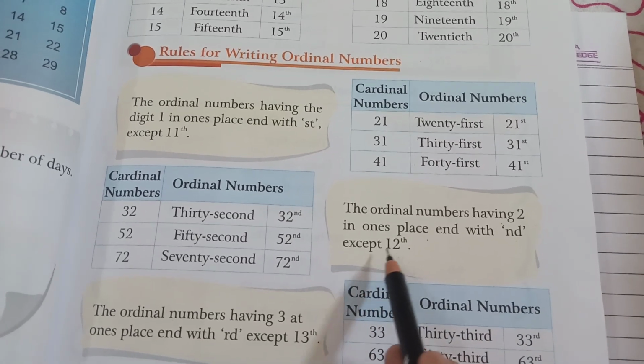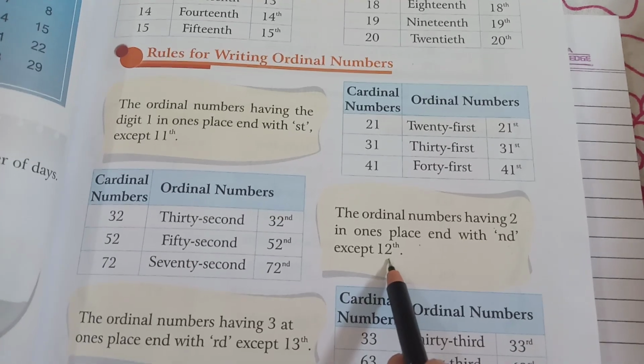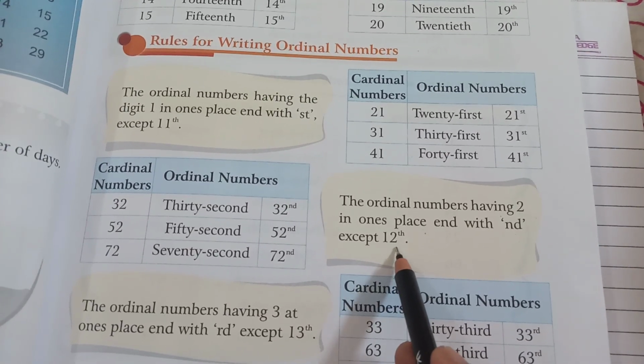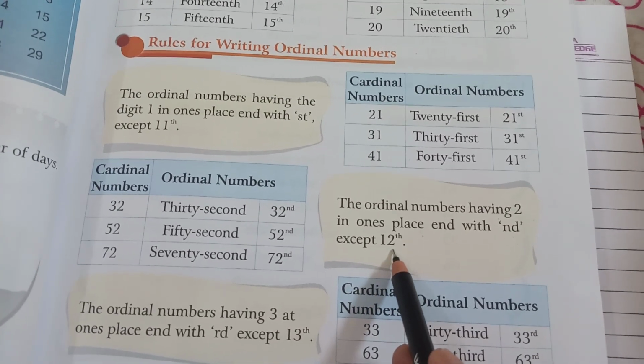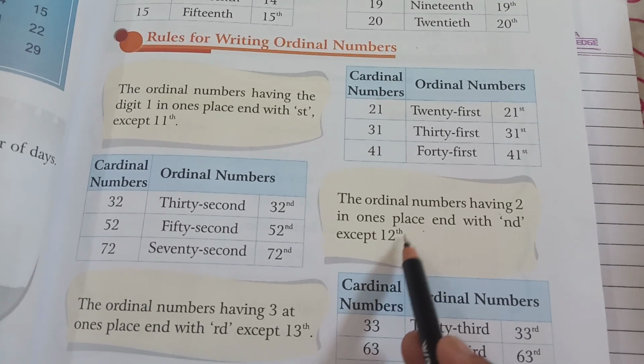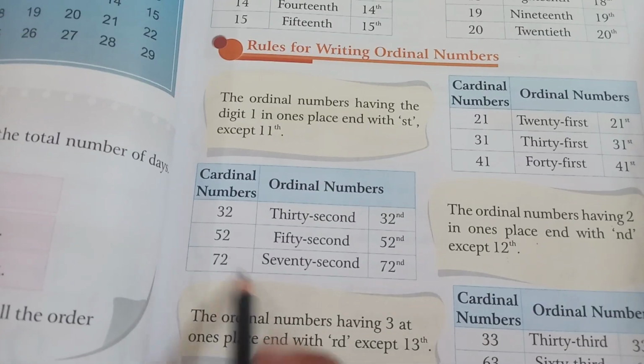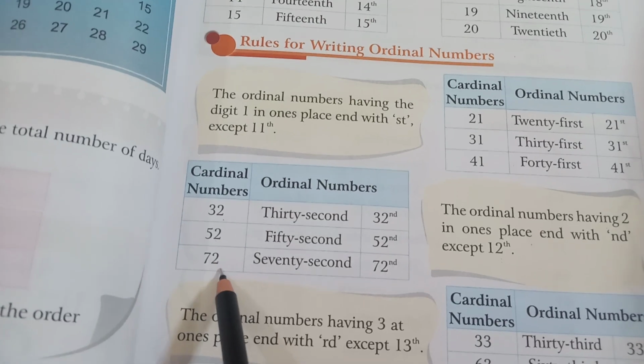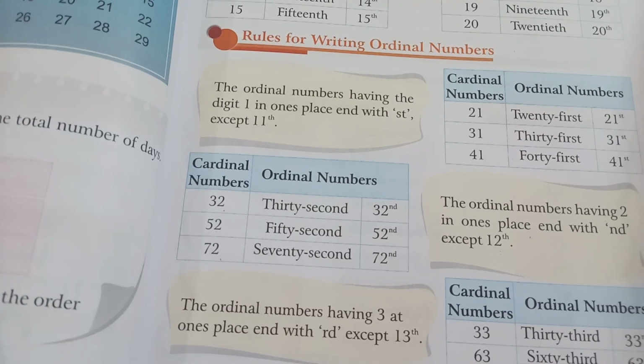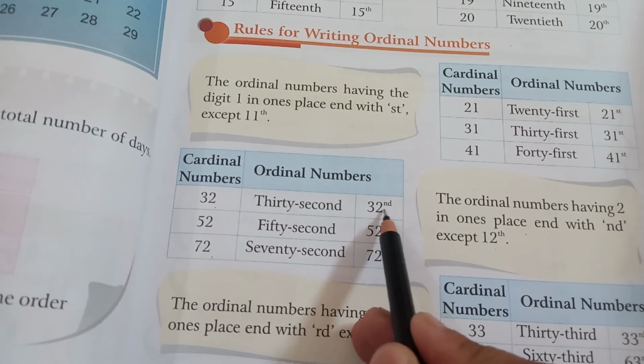In 12th, 12 has also 2 at one's place, but the ordinal number of 12 will end with th. But in other numbers like 32, 52, 72, 82, 92, we always write nd in their ordinal numbers.